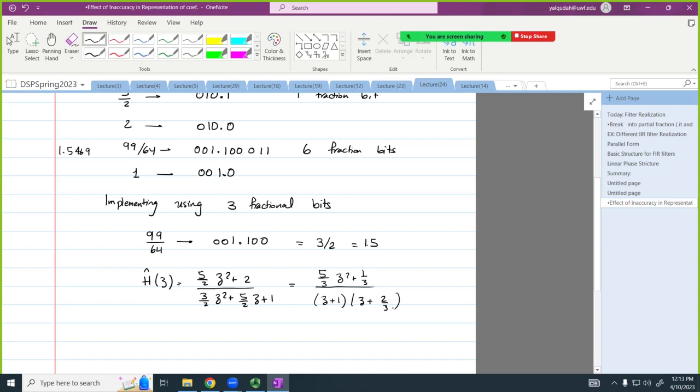Sorry, but wasn't there an additional z in the numerator? Yes, there is an additional z.